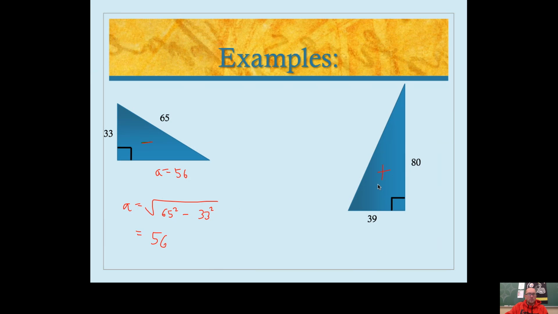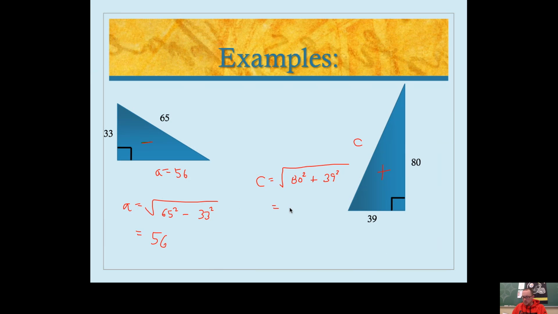Now on this one, if I have both legs, I'm going to add. I want the hypotenuse. So I'm going to take both of my numbers, and it doesn't matter if you put the bigger one first or not. I'm just doing it because I had to do it over here, so I'll just be consistent. It'll give you the same answer either way when you add them. Take both of your numbers squared, add them, and take the square root.